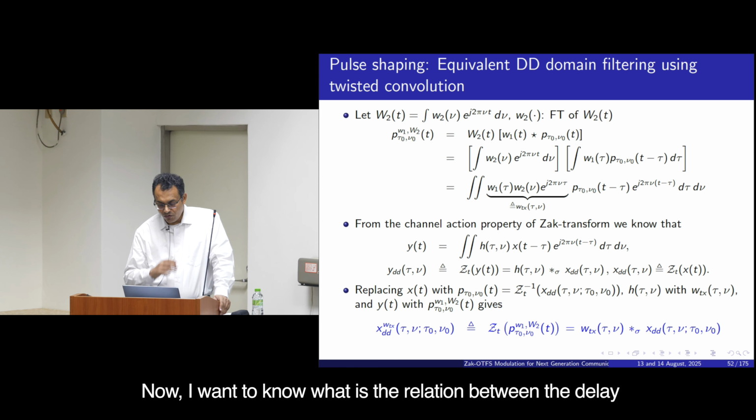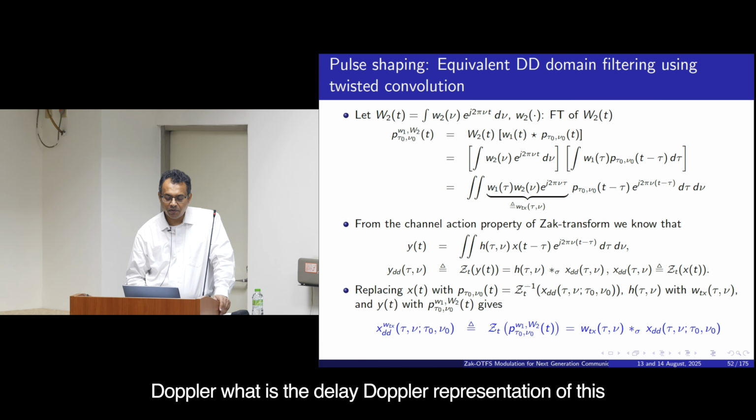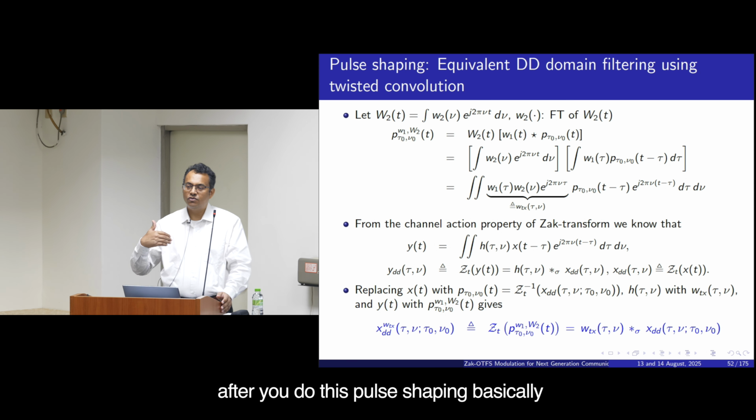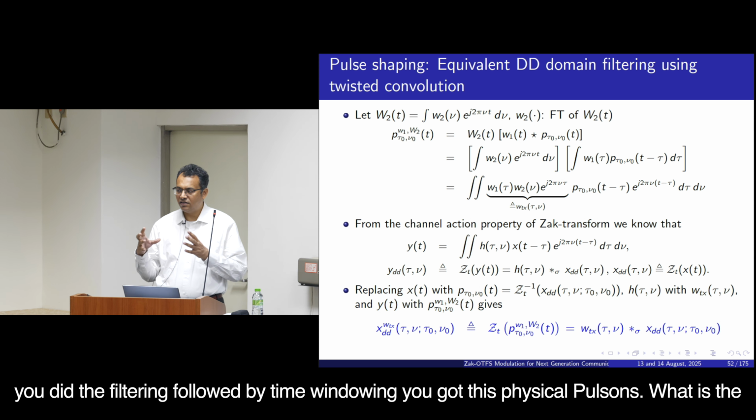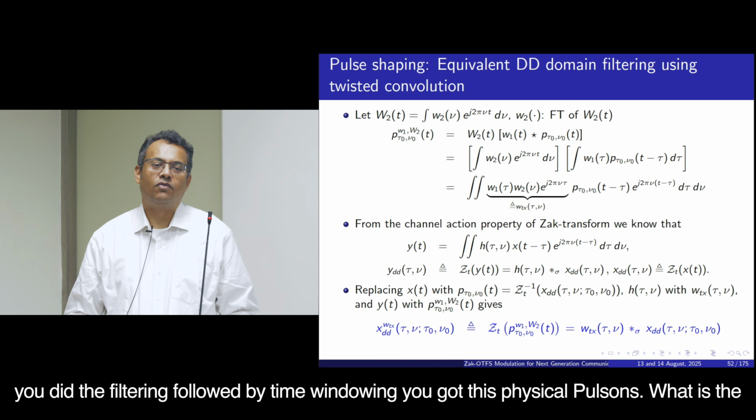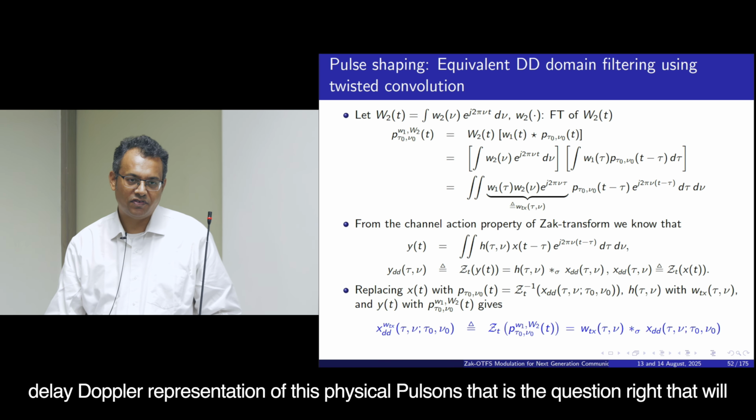Now, I want to know what is the delay Doppler representation of this after you do this pulse shaping. Basically, you did the filtering followed by time windowing, you got this physical pulson. What is the delay Doppler representation of this physical pulson?